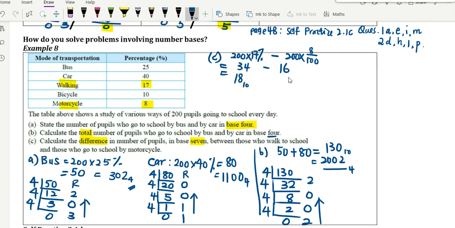This is in base 10. You have to convert it to base 7. To convert to base 7, you have to do division. 7 into 18 is 2, remainder is 4. Continue, 7 into 2 is 0, remainder is 2. So your answer is 24 base 7, the final answer.